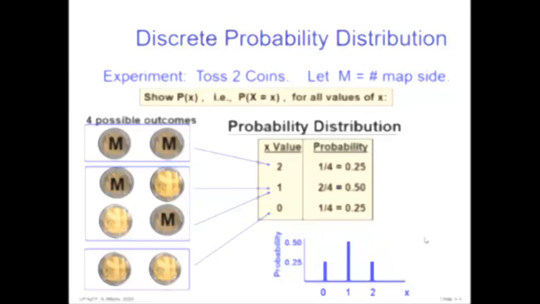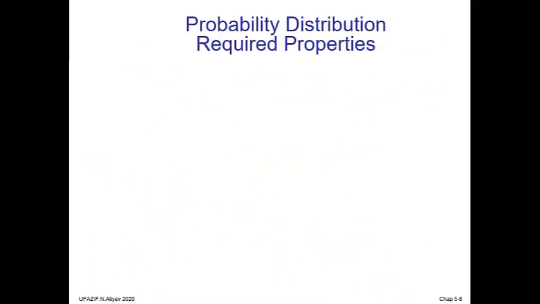Okay, here are some conditions related to the properties of probability distribution. The first property is that the probability in the table, in the probability distribution, is always more than or equal to 0 for any value of x. We know this from the previous lecture about probability.